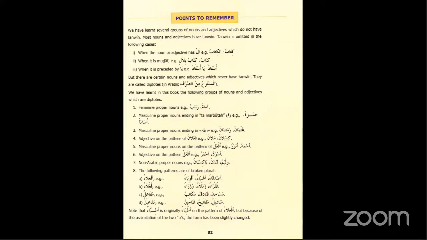When the noun or adjective has al, for example, kitabun will become al-kitabu because there's al in front of it, specifying the book. When it is mudaf, for example, kitabun will become kitabu bilalin.